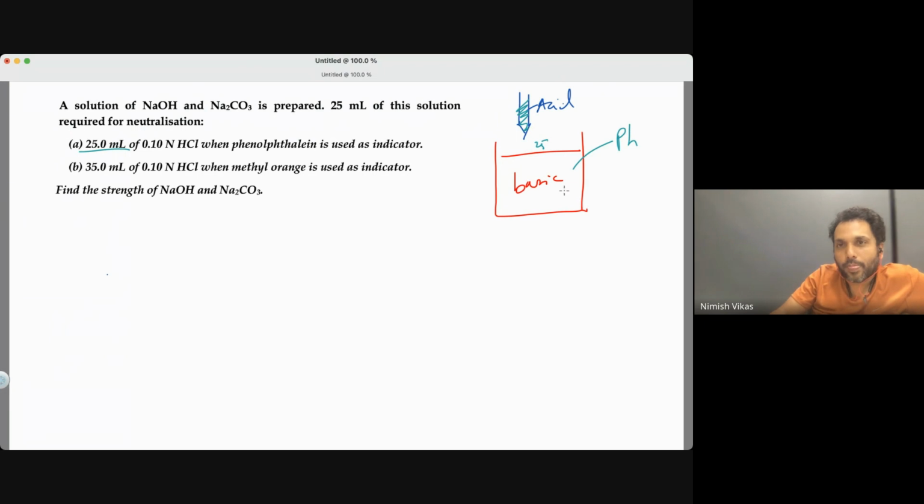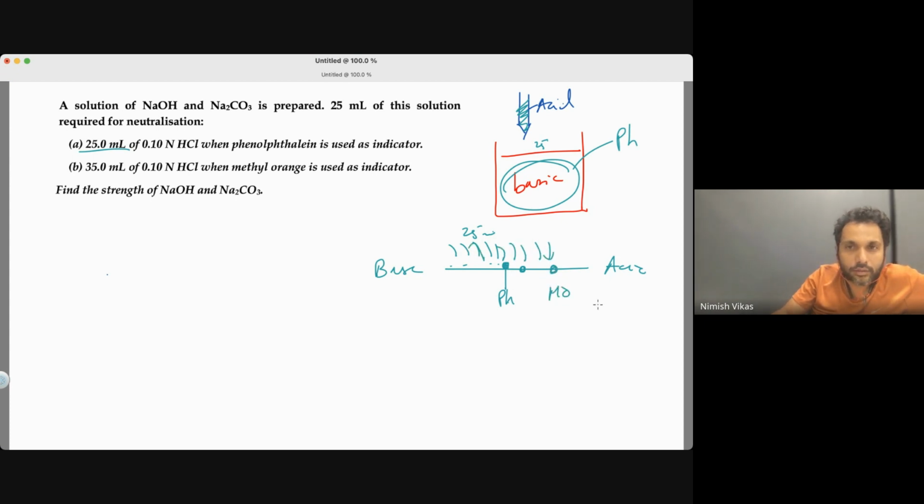We know that in its journey from base to acid, this is the neutral point. When you keep putting acid, the pH goes towards the neutral point and phenolphthalein shows a color change. So 25 ml you have put. For methyl orange to show a color change, you should have put more, right?